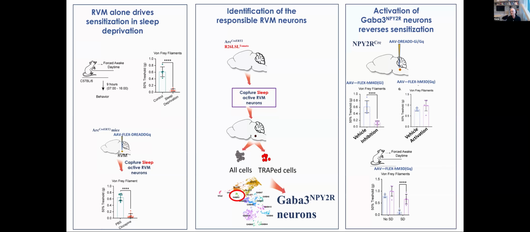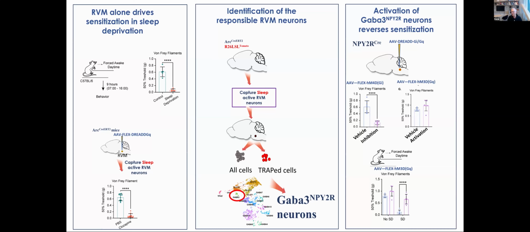And we got the NPY2 Cre animals, so now we can manipulate only those inhibitory neurons in the RVM. The interesting thing here is that when we inhibit these neurons, von Frey threshold drops markedly, but when we activate them, nothing happens. And this is in the normal animal without sleep deprivation.